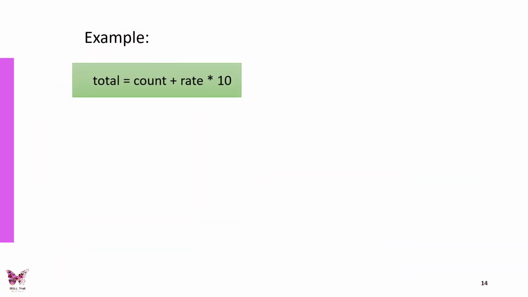For example, if an assignment statement in our source code is total = count + rate * 10, then in the lexical analysis phase, this statement is broken up into a series of tokens.